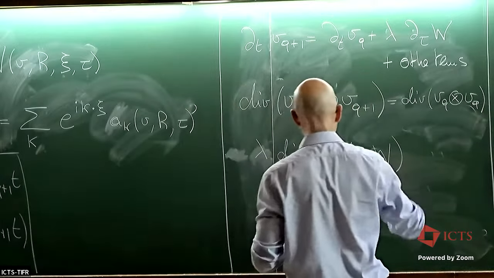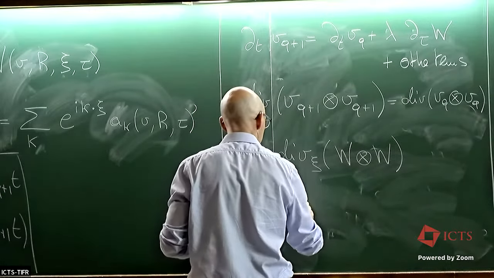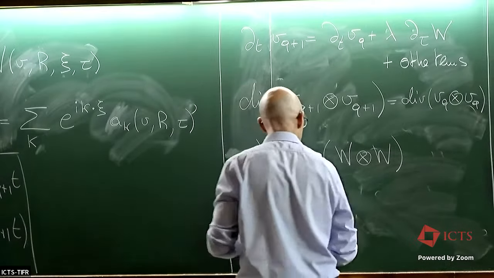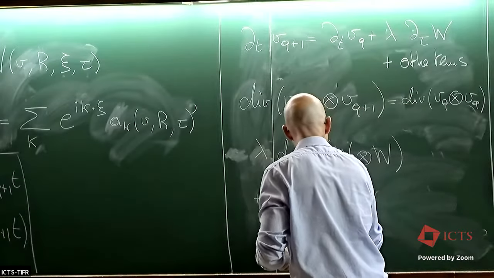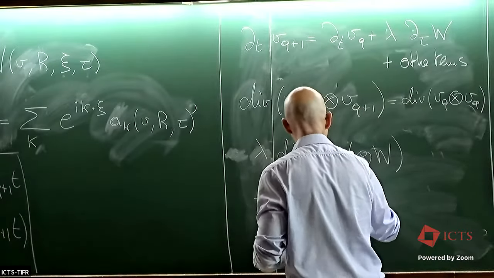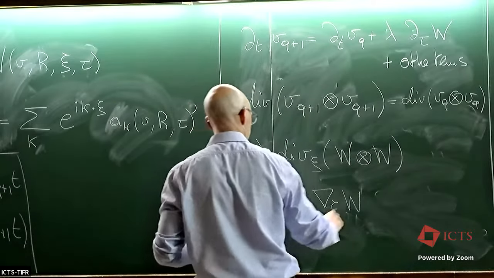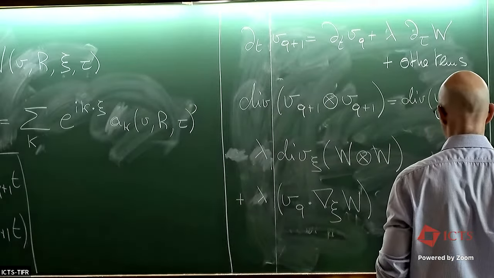Okay, I will have lambda divergence psi of W tensor W. Then I will have VQ dot grad psi of W, and there's a lambda in front. Okay, so these are the ones with the lambda.